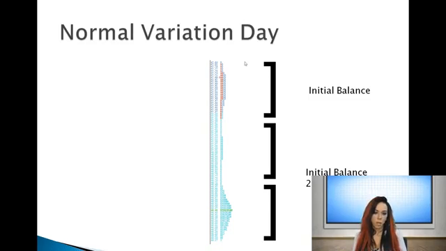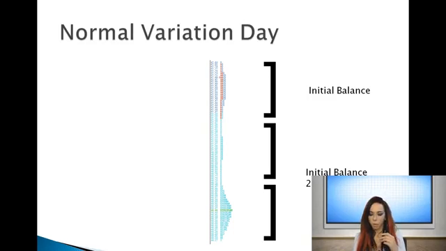Now, notice something about this profile here. If you look carefully, there's a 1 TPO pop above the initial balance. If you're trading highly liquid, slippy markets, such as Forex or even crude oil, or any instrument that by default has quite a lot of movement, which obviously doesn't include stuff like e-stocks or even things like Australian dollar, anything that doesn't move much will be more accurate with the initial balances.